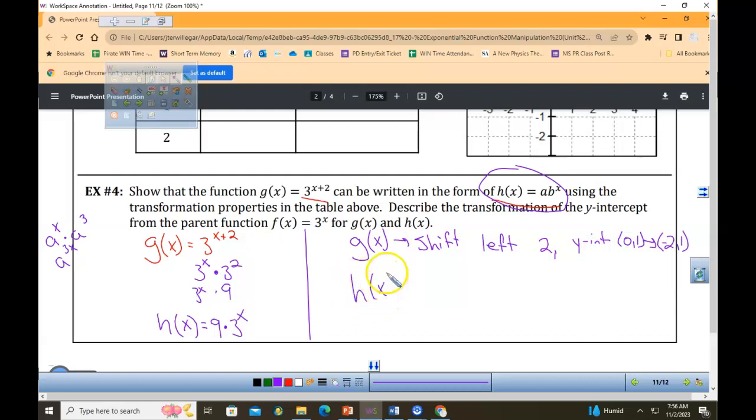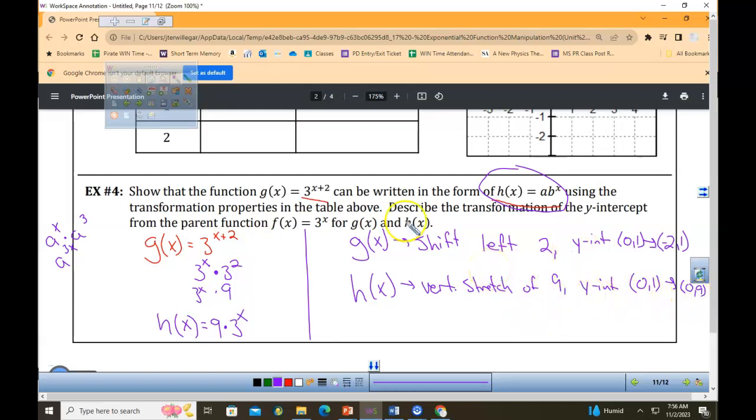H of x would be a vertical stretch of 9. So the y-intercept would go from 0, 1 to the point 0, 9, because I'm multiplying my y value by 9.